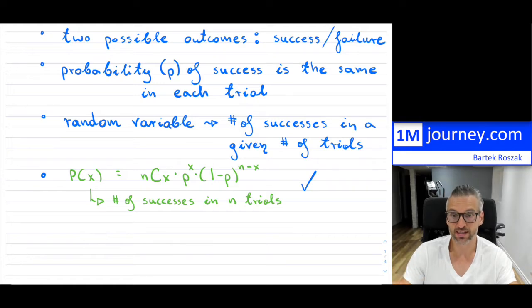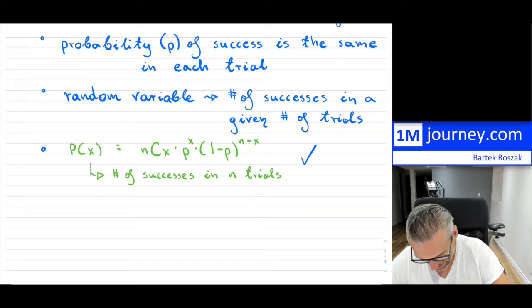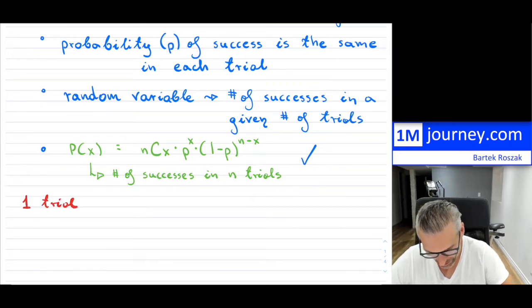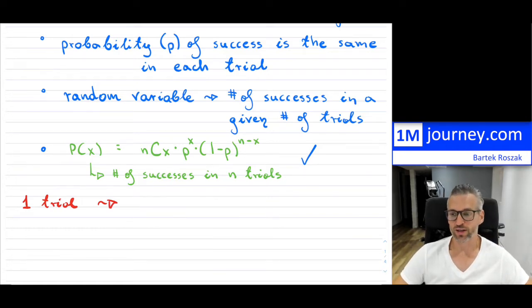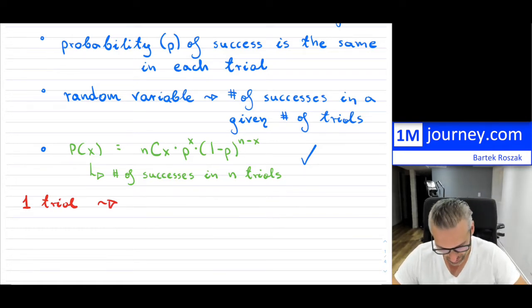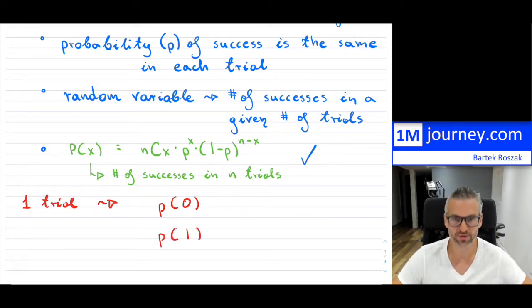So let's see this. If we had, for instance, just one trial, so we're just flipping a coin one time, for this we would have no success at all, or we would have a probability of just having one success.